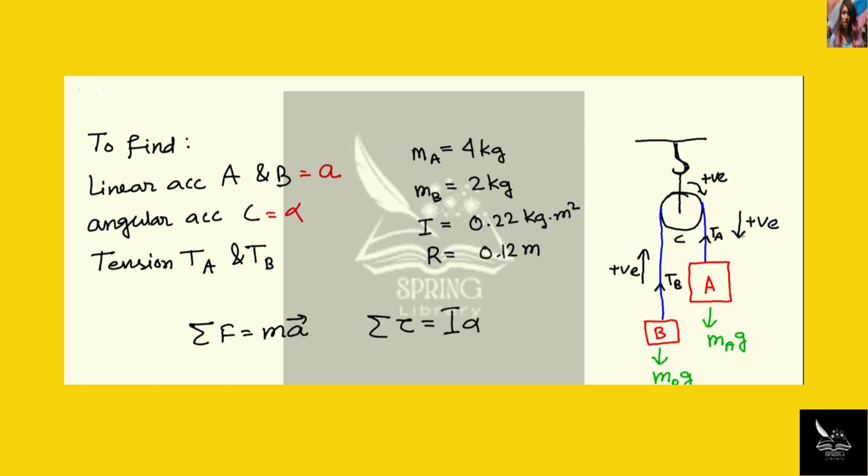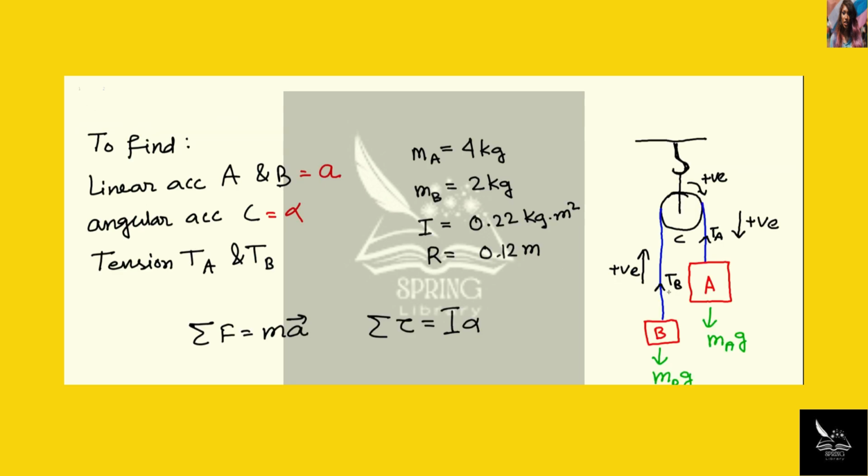And since the box is moving downwards, that means MAG minus TA should be equal to MA times a. The reason TA is negative is we considered downward direction as positive here, and MAG and this direction are in the same direction, so that's positive. So this is for A.